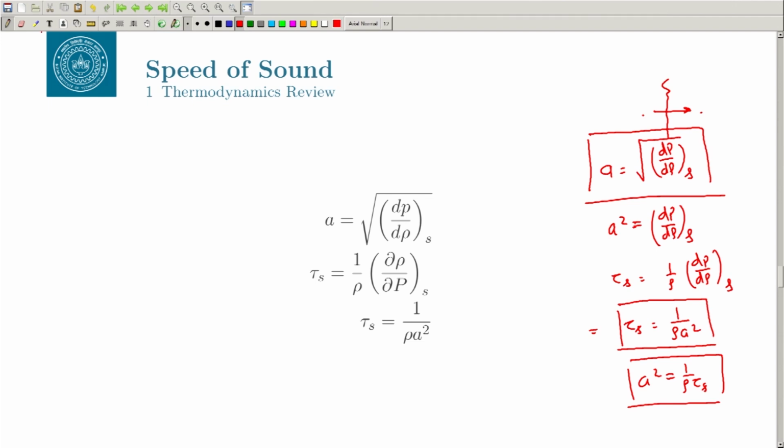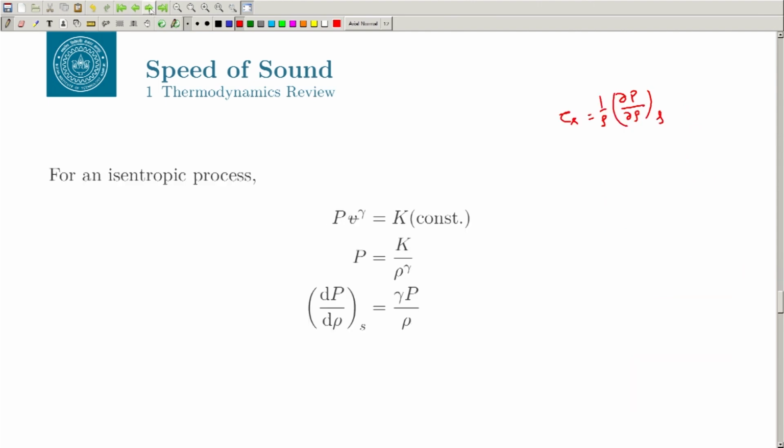This is d rho by dP, the change in density per change in pressure, at constant entropy. So, tau s is 1 by rho d rho by dP at constant entropy, or minus 1 by V dV by dP at constant entropy. Now, how do we get d rho by dP at constant entropy?